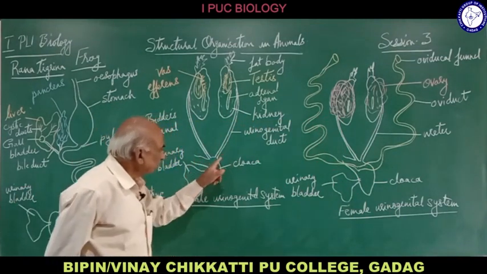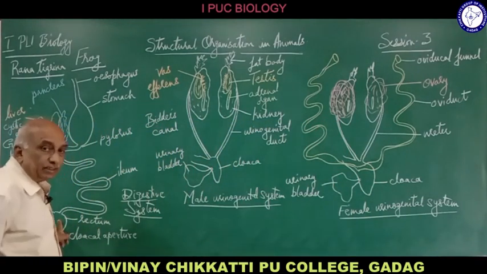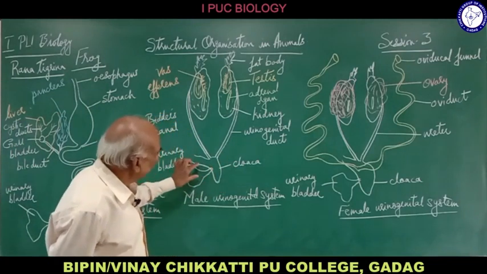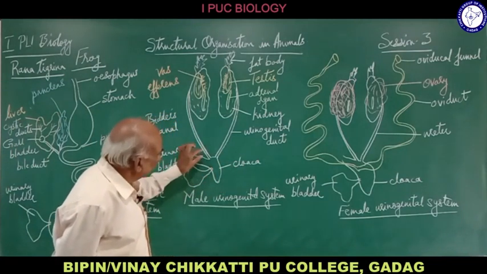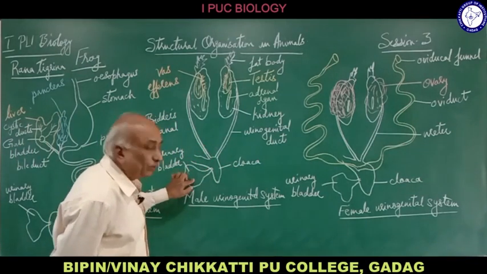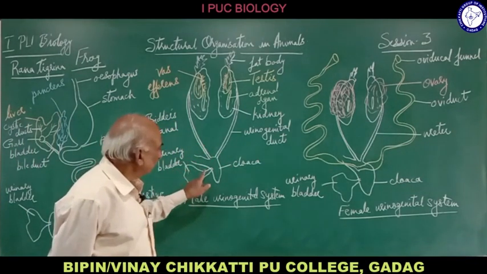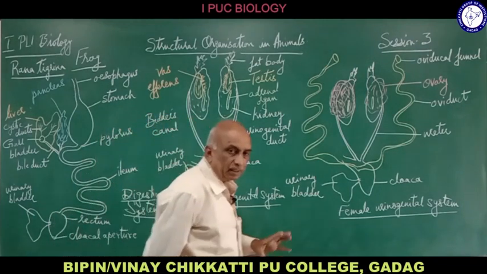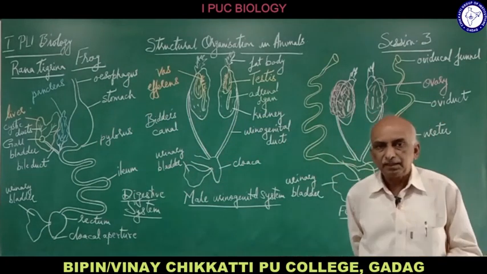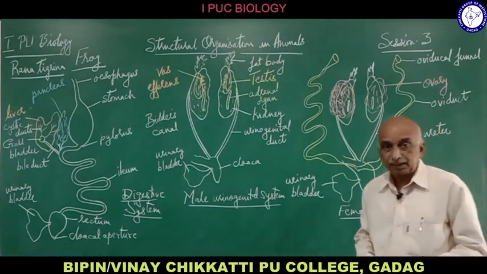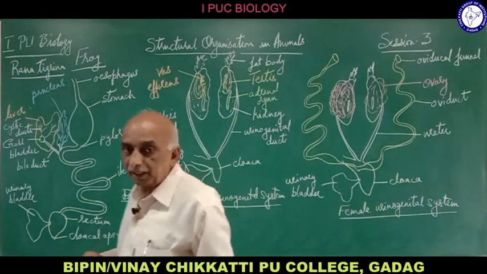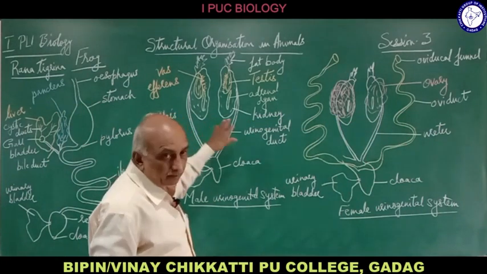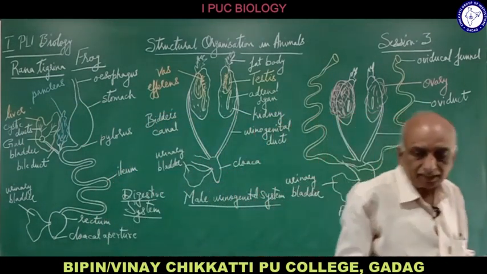The rectum, or the intestine, also opens into the cloaca, and the urine is stored in the urinary bladder, which also opens into the cloaca. All such openings are seen in this chamber, hence it is called the cloacal chamber, and the opening of the cloacal chamber to the exterior is called the cloacal aperture. That is the male reproductive system, or the male urinogenital duct.